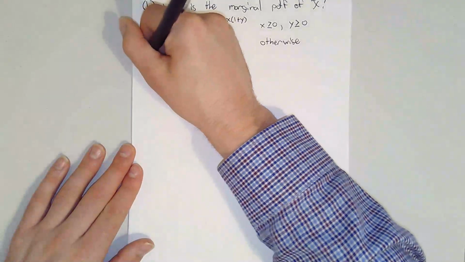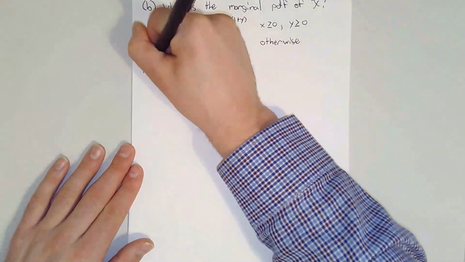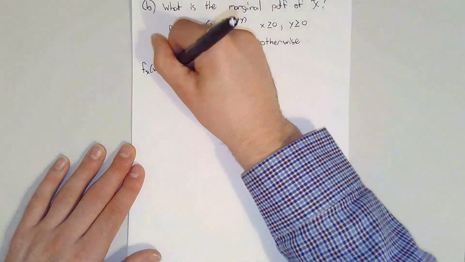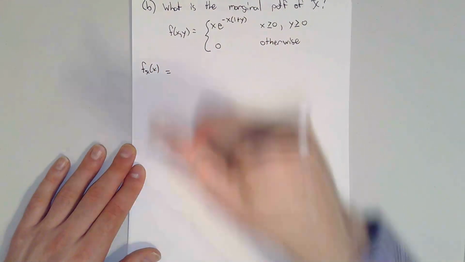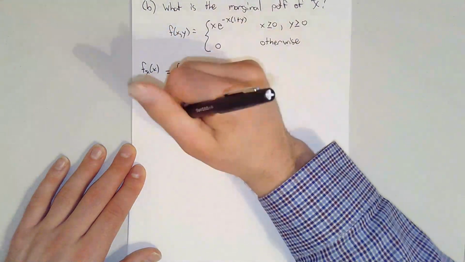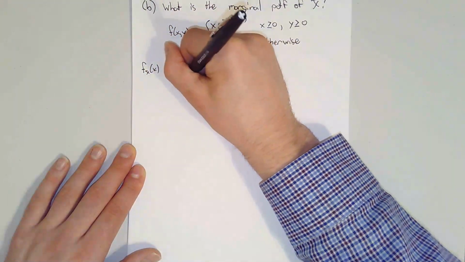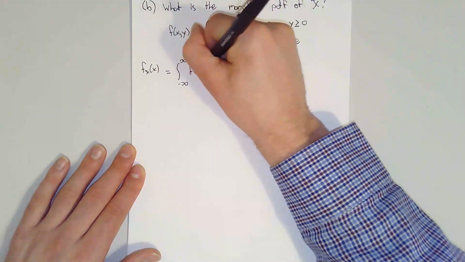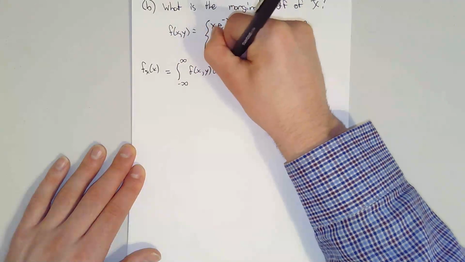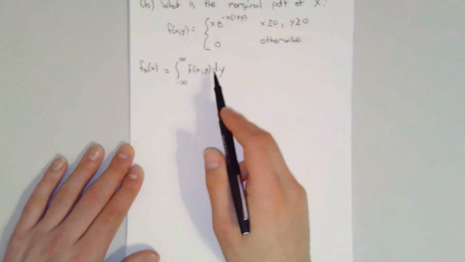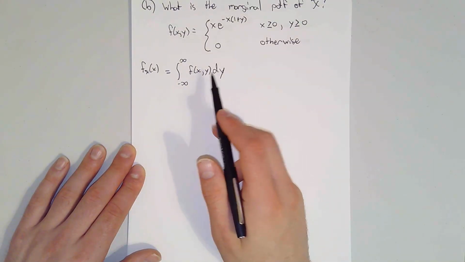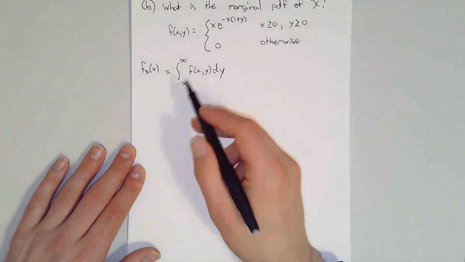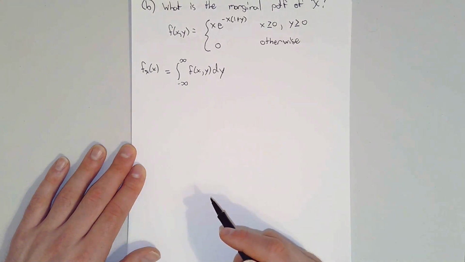By definition, this is equal to the integral from negative infinity to infinity of f of x comma y dy. So our joint PDF is integrated only with respect to the variable y over the whole real number line.